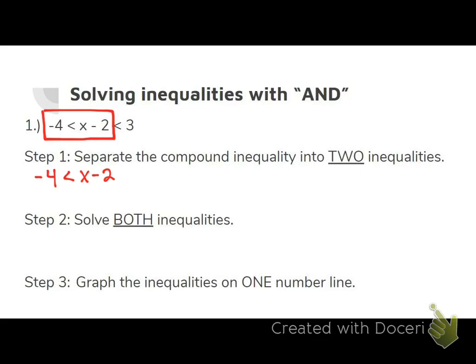To get our other inequality, we're going to start at the back of the problem and do the same thing. So we draw a box and we stop it just before the other inequality symbol. So for this one, we would have x minus 2 is less than 3. Do we have questions about how we split it up into two?